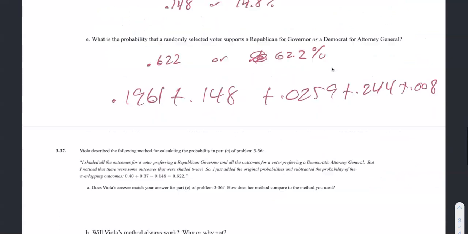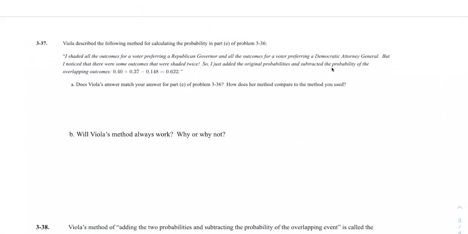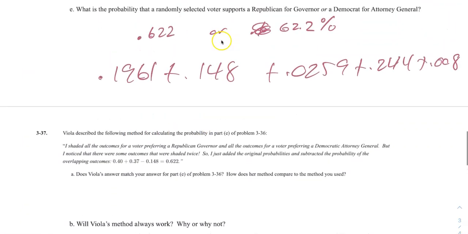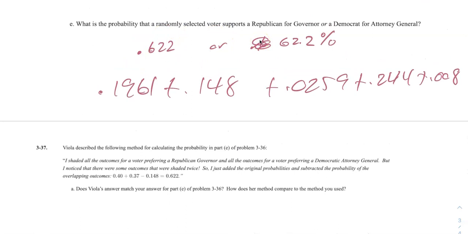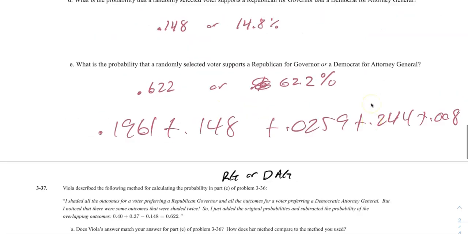Okay, let's go on to another one. Viola described the following method for calculating probability in Part E, Prompt 236. So she's talking about this part. She wants to calculate Republican governor or Democratic attorney general. So remember, we got 0.622 for that. She said all the outcomes for voting preferred a Republican governor and all the outcomes for voting preferred Democratic attorney general, just like we did.